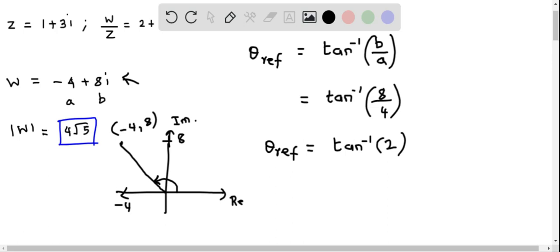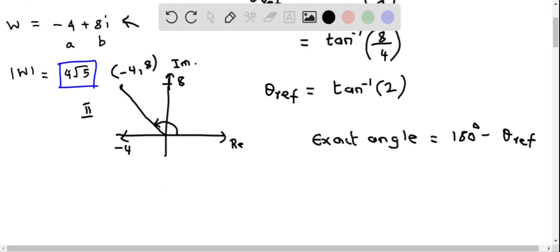Since this point lies in quadrant 2, in quadrant 2 we say the exact angle equals 180 degrees minus the reference angle, theta reference.